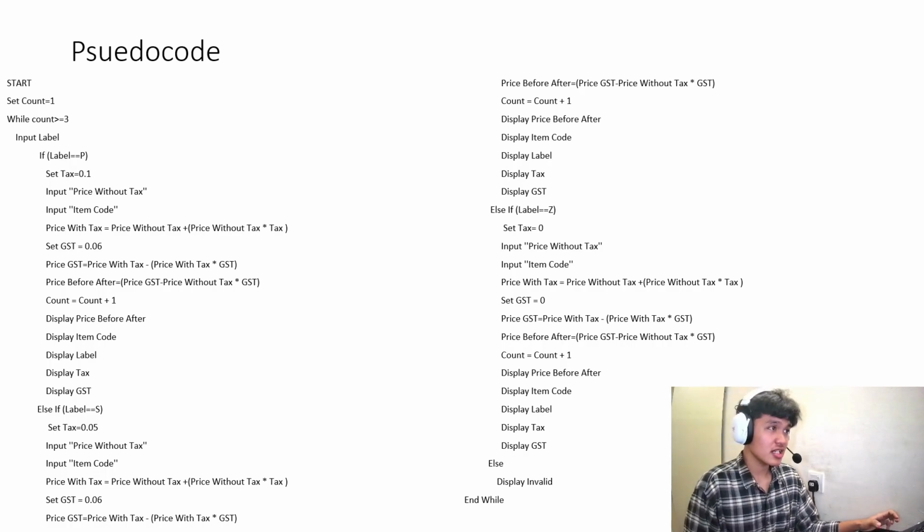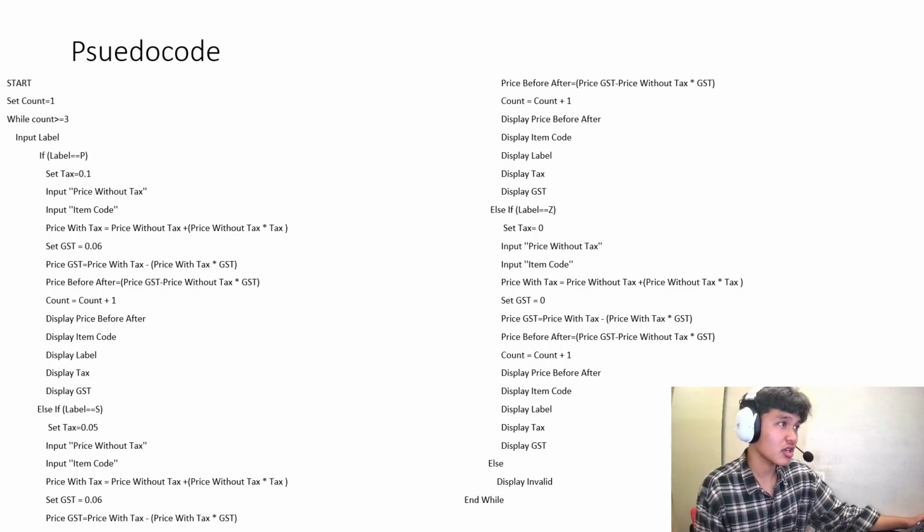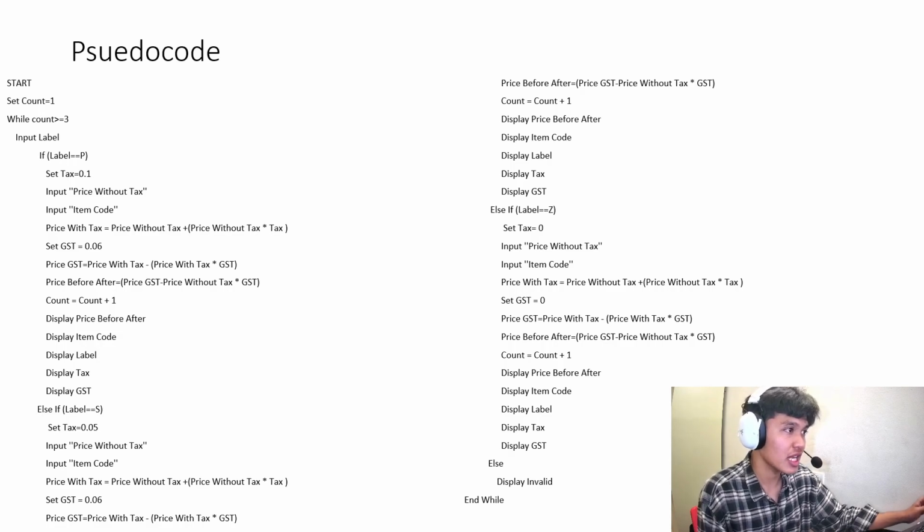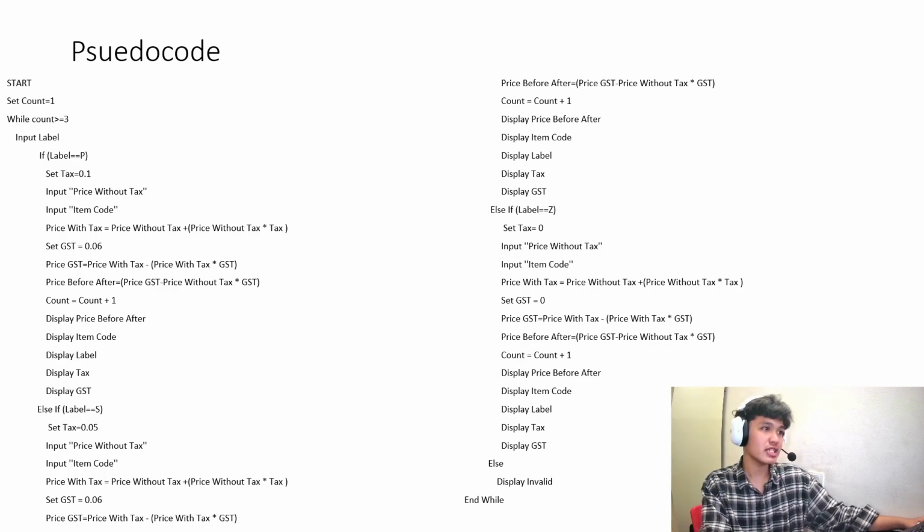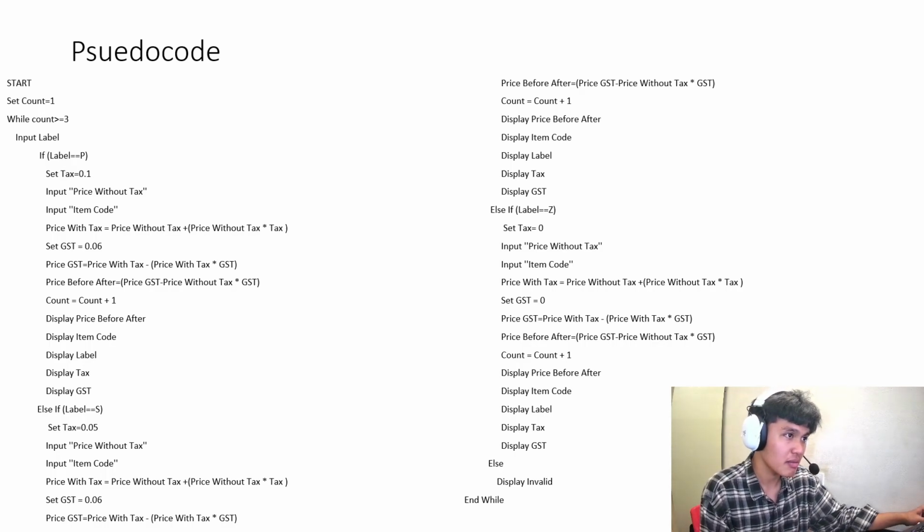Firstly, start and set the count equal 1. While count less than 3, input label. If label equal P, set tax 0.1 and input price without tax, and then input item code, and then price with tax equal price without tax plus price without tax multiply tax, and set GST 0.06.